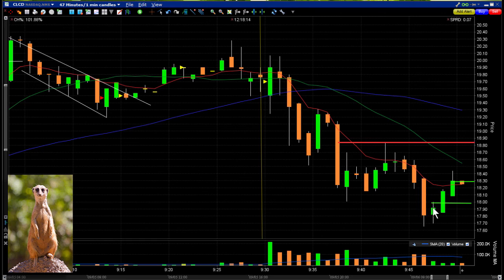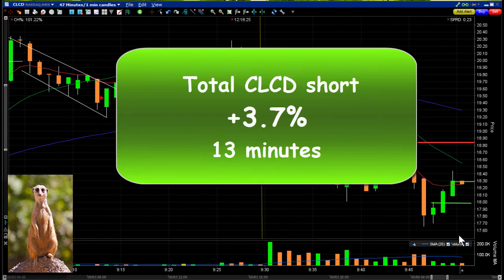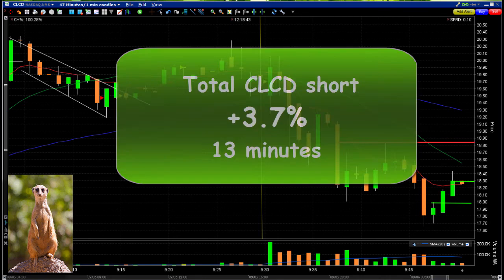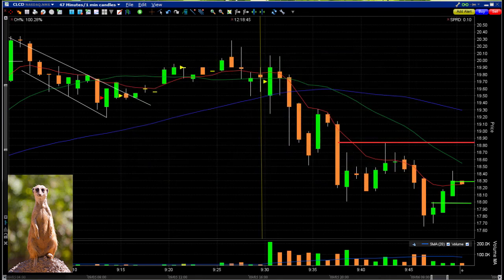I took out half, and then it began to rise. So I put my stop just above this line of resistance. It broke it, and I was out. So total trade was for 3.7% in 13 minutes. Ooh, I love it when that happens. With our model portfolio, that ended up being about $370 in 13 minutes on that trade.